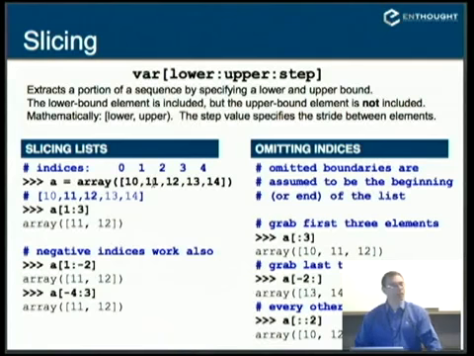The other way to think about this is it's inclusive on the lower end and exclusive on the upper end. So when you slice, you're going to get 1 up to, but not including, element index 3. Okay? If you think about these as being in between, then you always have these bracket whatever you're going to get out. Does that make sense to everybody?